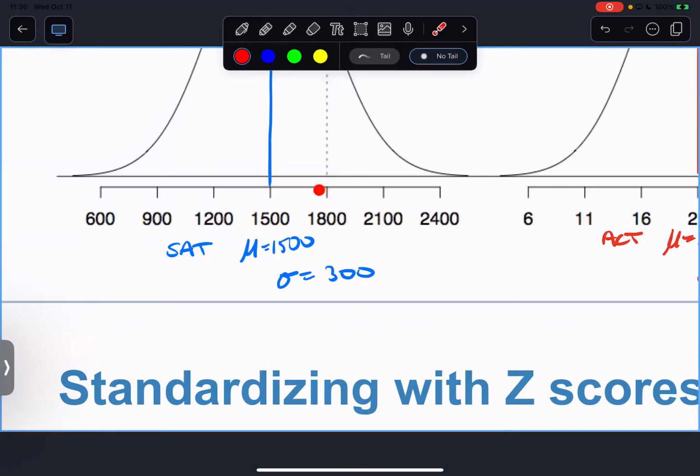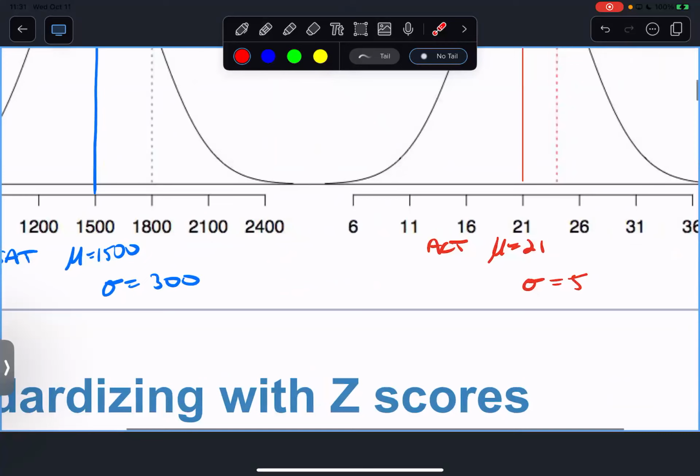First, I should probably find the distance between 1800 and 1500. Then I want to know how many 300s I can fit in that distance. Conveniently, 1. And same thing with Jim.